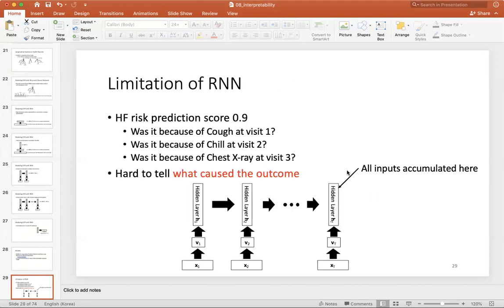All right, so I guess everybody, after they've done homework assignment 3, will realize that RNN is way more powerful than logistic regression.